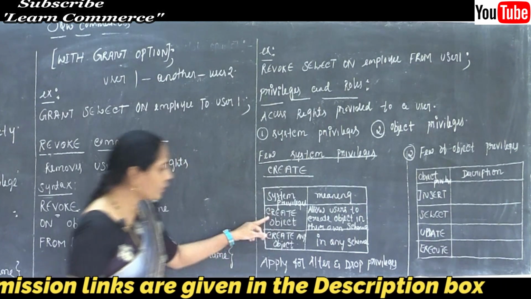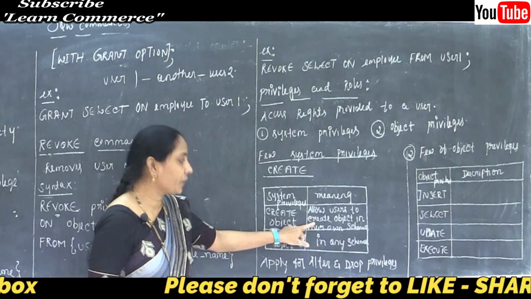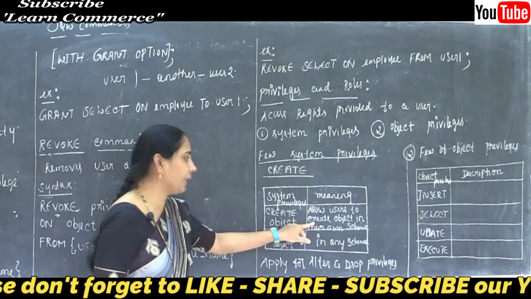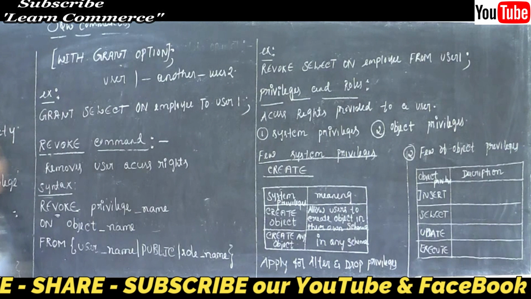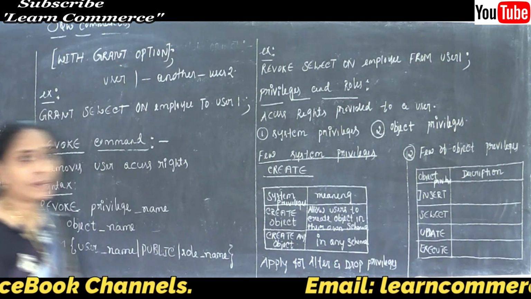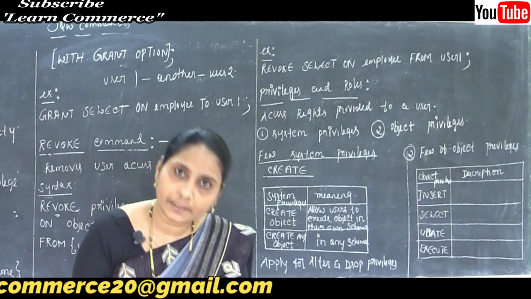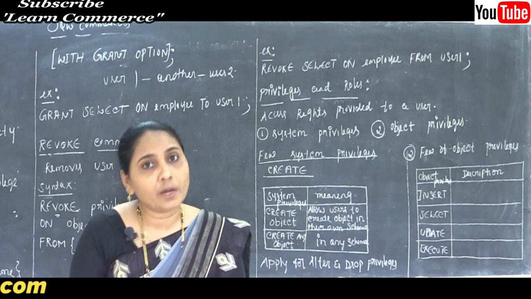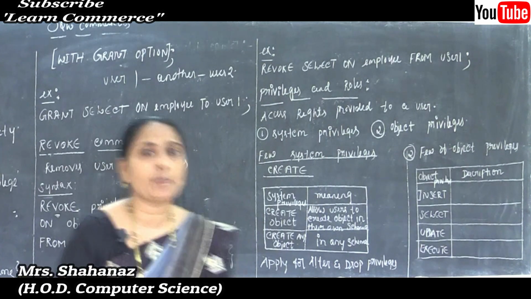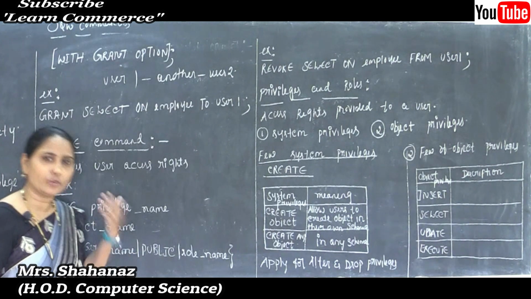If you are using create object, it allows the user to create the object, to create the table, in their own schema. The schema means the database object or the schema object that contains data, and after using the data we perform some operations on it, that means we perform some operation by using the table.